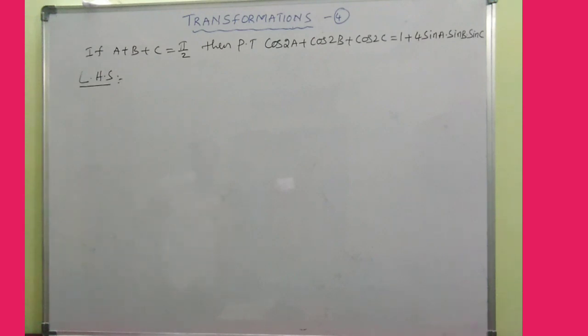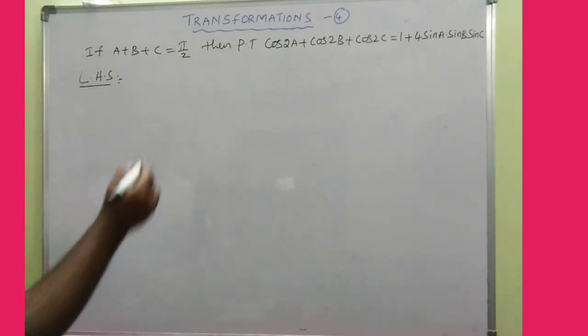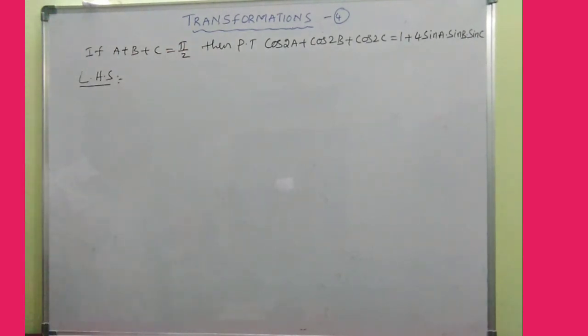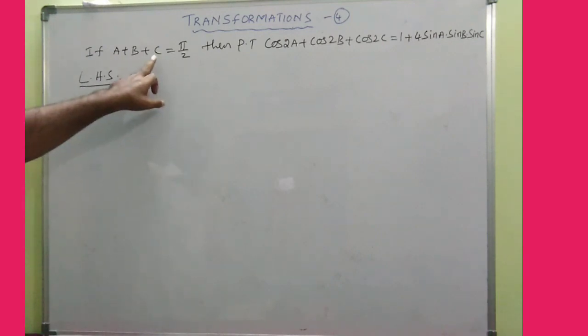Look at this problem now. Till now, except for 1 or 2 questions, everywhere the given condition is A, B, C are the angles of a triangle, that is, A plus B plus C is equal to 180. But look at this problem.